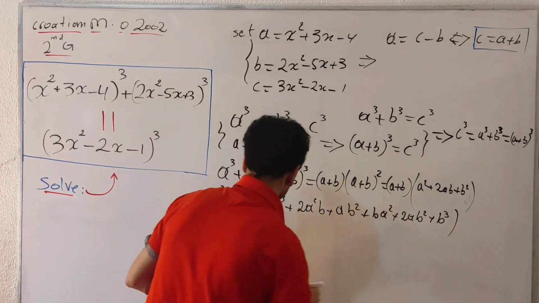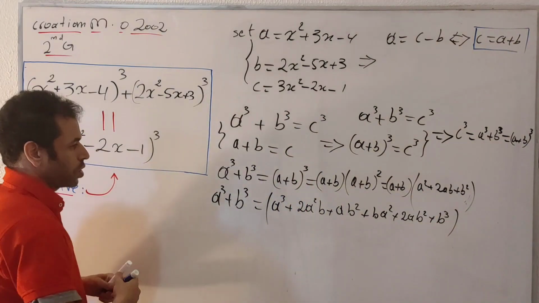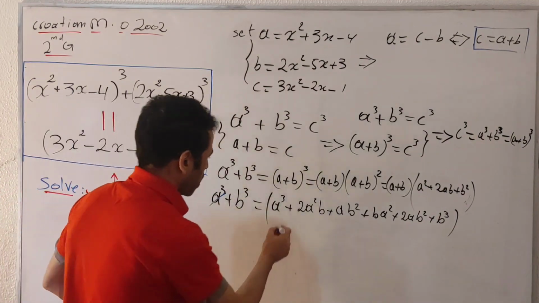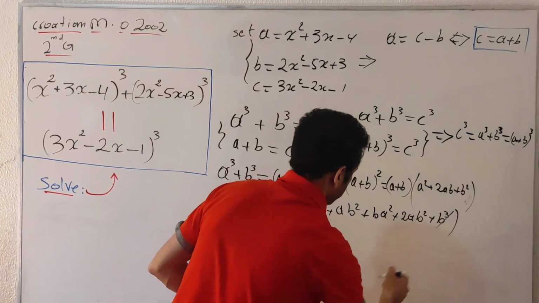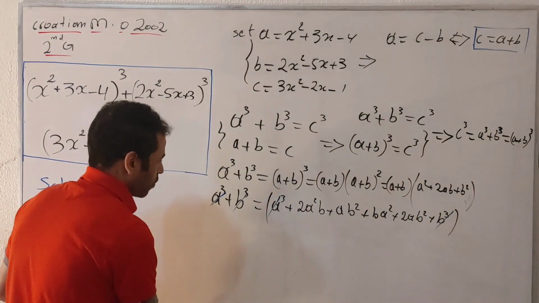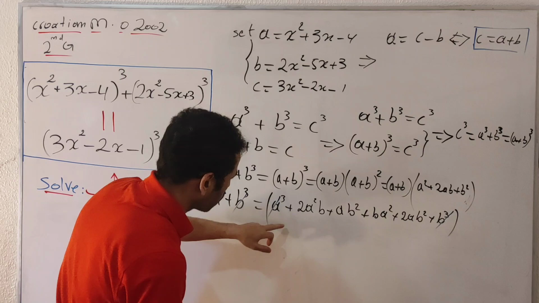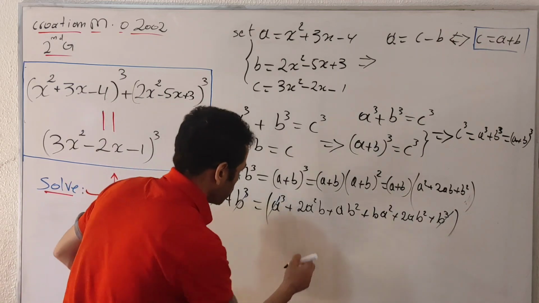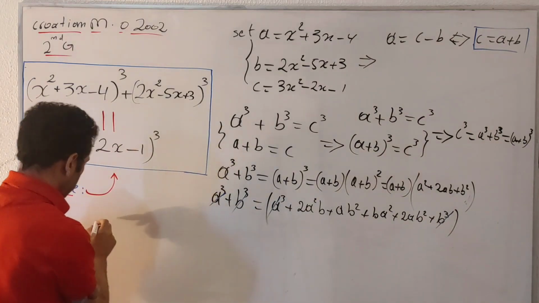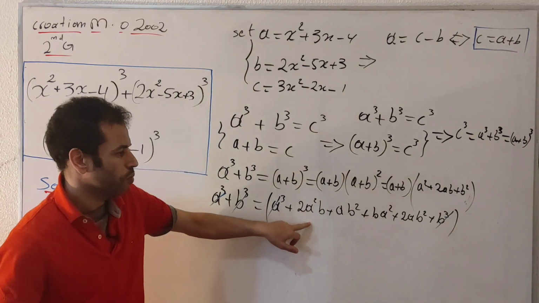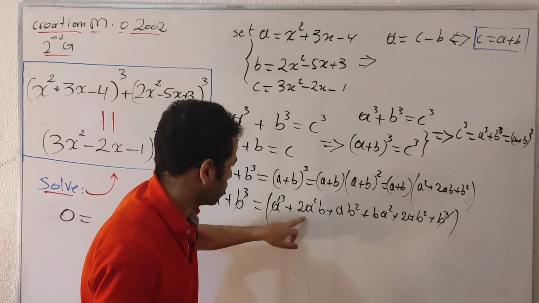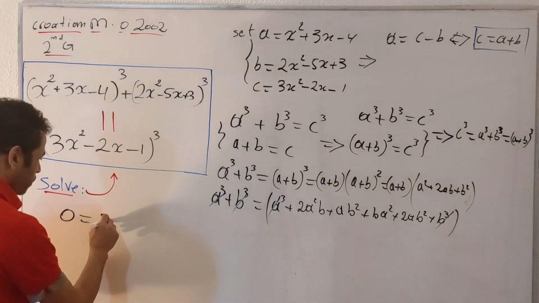Now we will have a lot of cancellations here. So this term A³ will be cancelled out with this A³. This B³ will be cancelled out with this B³. So I will be left with the following expression. We'll have 0 equals, this term added with this term becomes 3A²B.